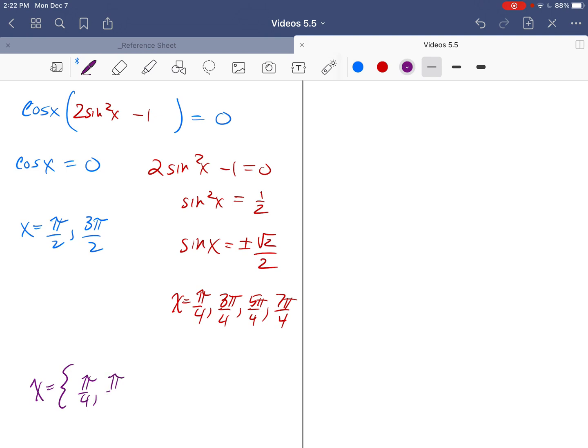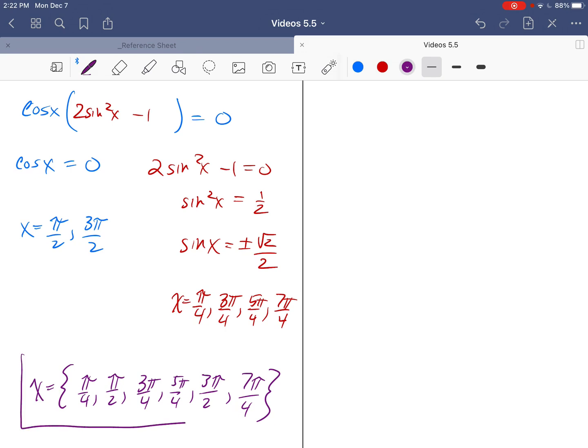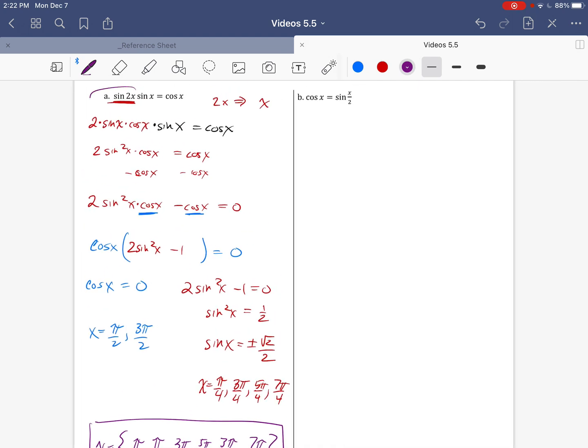Pi over 4, pi over 2, 3 pi over 4, 5 pi over 4, 3 pi over 2, and 7 pi over 4. I like to write them all in ascending order whenever possible. All right. And so all of these angles are solutions to the original equation.